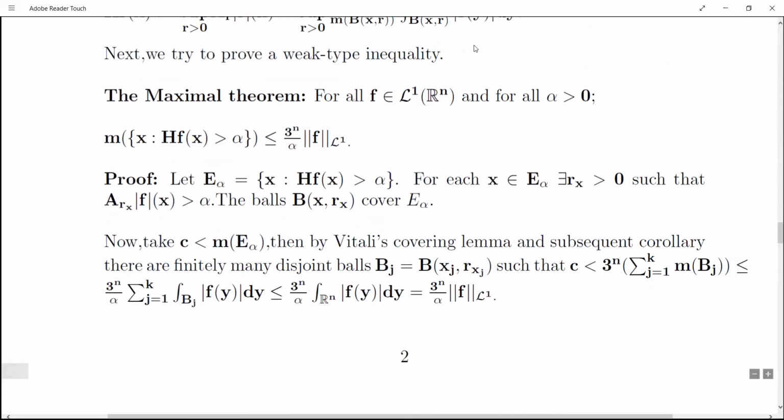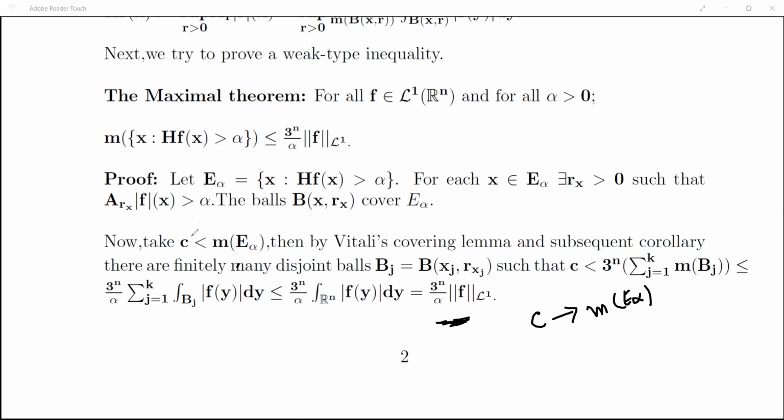Okay, yeah, so I think the proof is clear. I'm taking a positive number C which is less than the measure of this set. And then I've shown that for every such C, my C will be less than or equal to 3 to the power n by alpha times the L1 norm of f. Then you can just take C tends to the measure of E alpha, because for every C less than the measure of E alpha, this is true.